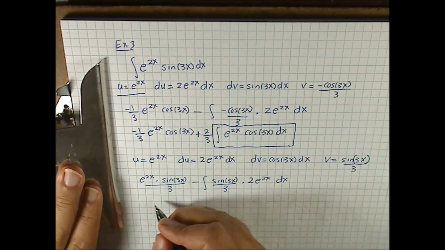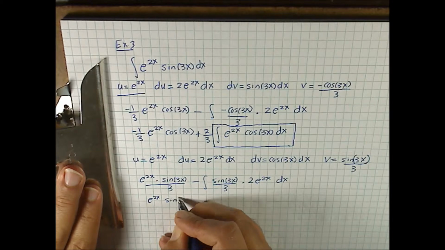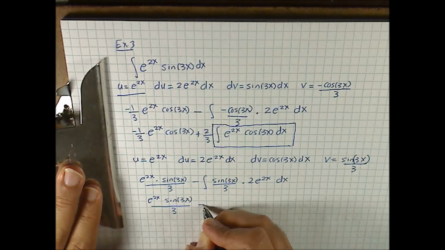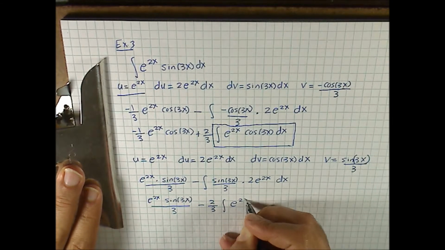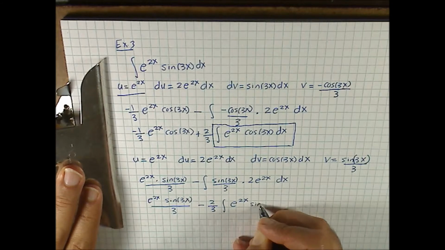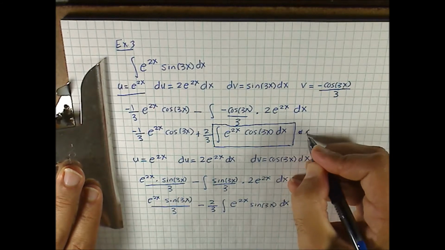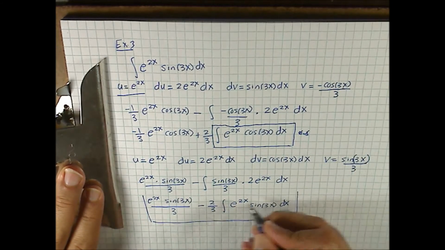Okay, let's bring out the constants. So you get e to the 2x sine of 3x over 3 minus 2 over 3 integral e to the 2x sine 3x dx. So let me call this double star, and this is a result for double star.